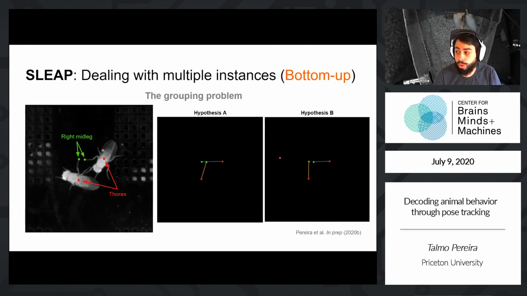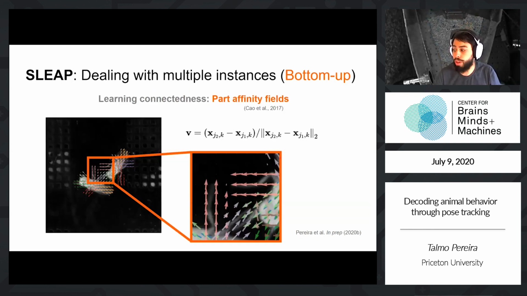So what we're going to do then is borrow another technique from computer vision called part affinity fields. And in this technique, the idea is to represent the connectivity between body parts as a set of unit vectors that point along the direction from the source body part to the destination body part. So this is something that, again, we're going to define from the ground truth data.